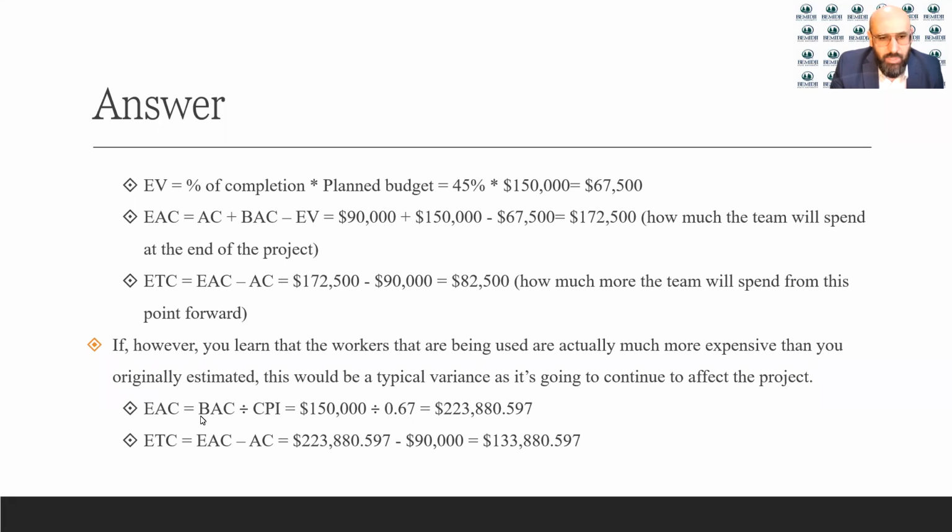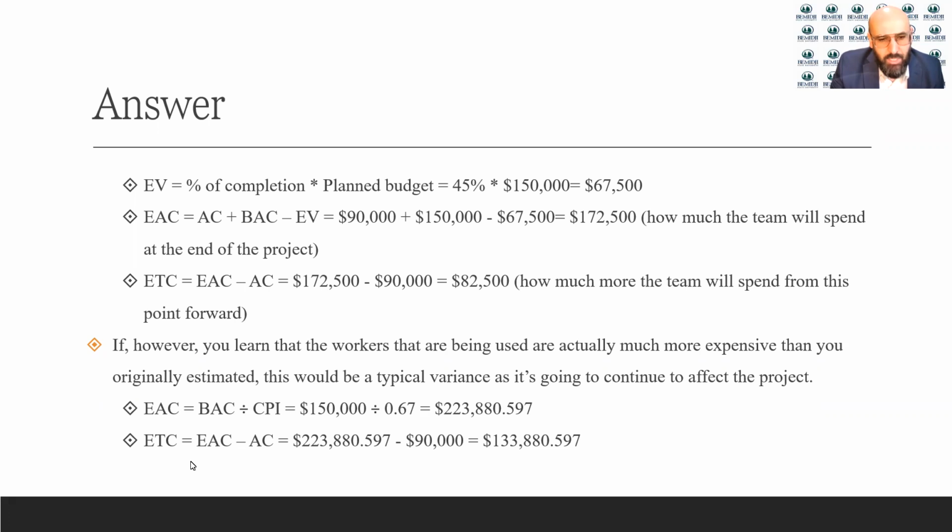The EAC would be the BAC, the budget, divided by the CPI: 150,000 divided by 0.67. That would be equal to $223,880. That is how much the team will spend by the end of the project.